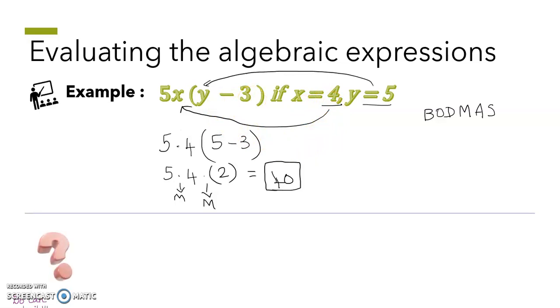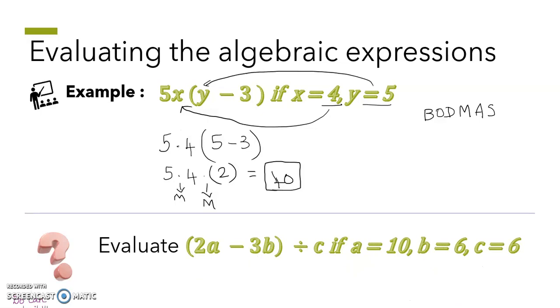So, can you all try this question now students? 2a minus 3b divided by c. So, a is 10. So, substitute a as 10, b as 6 and c as 6. So, what do we get? 2 times 10 minus 3 times 6 divided by 6.